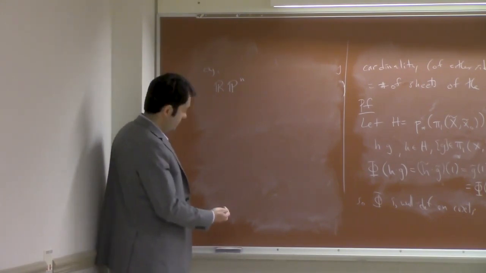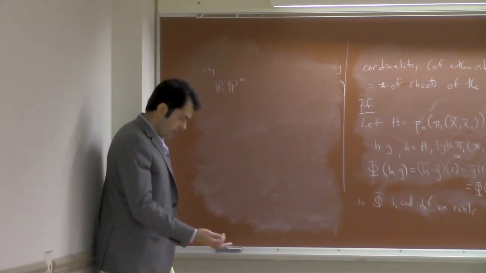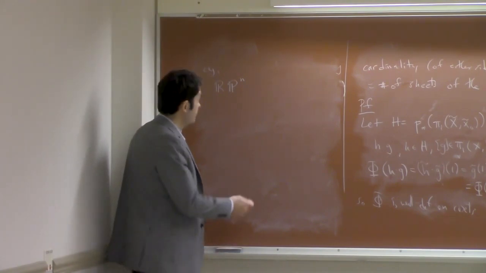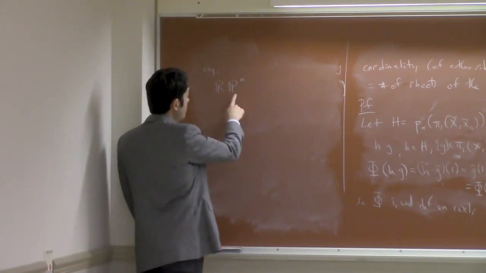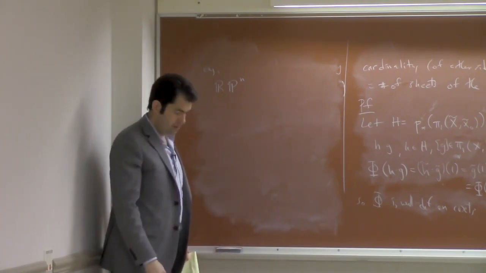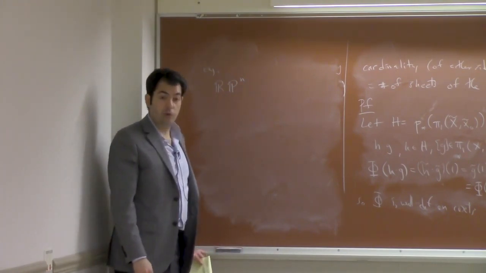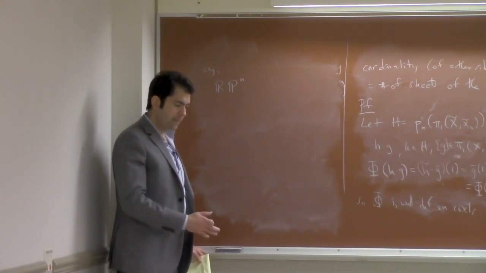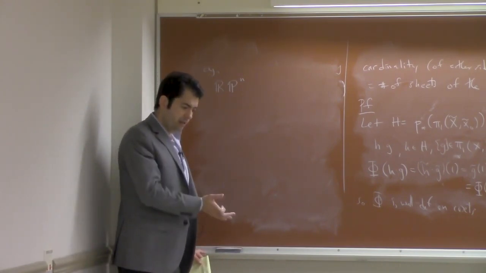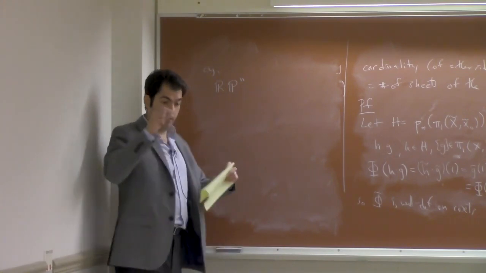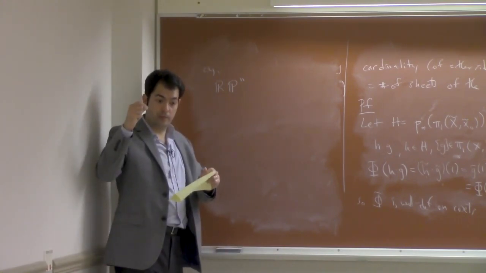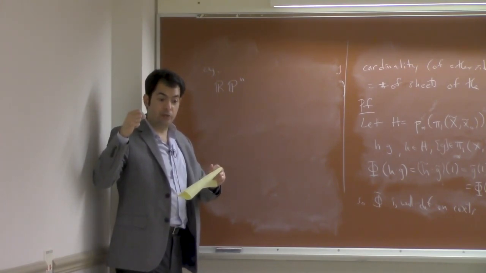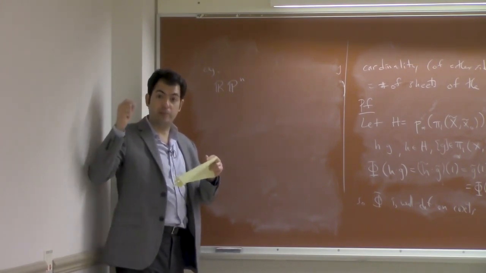So this is the set of all lines through the origin in R n plus 1. So you can identify lines with just a couple of, 2 points on the sphere, and so you're just taking the sphere and identifying antipodal points.